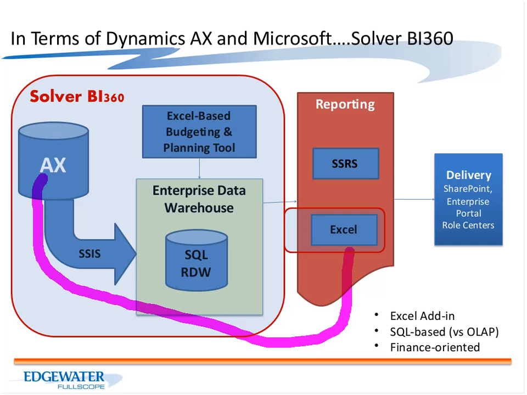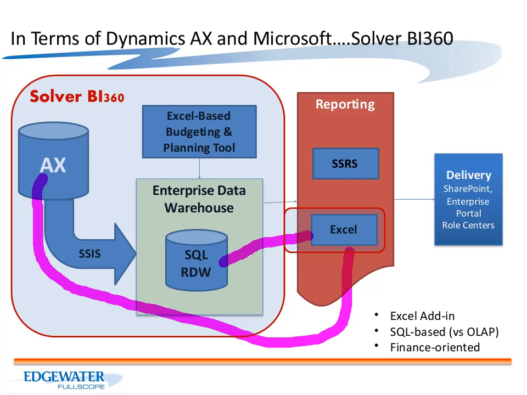I don't actually have Atlas in this deck, which I need to add back for my next presentation. Not sure how it got removed, because it used to be in the deck, but now it's gone missing. Anyway, this Excel add-in not only helps you with reporting, but also with reporting from AX. It will go right to the AX database.